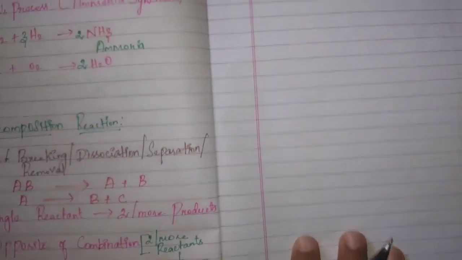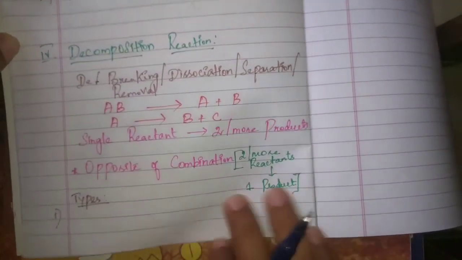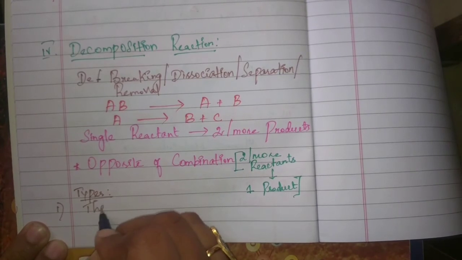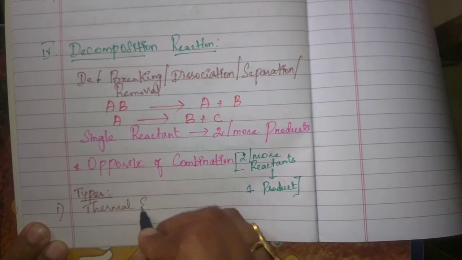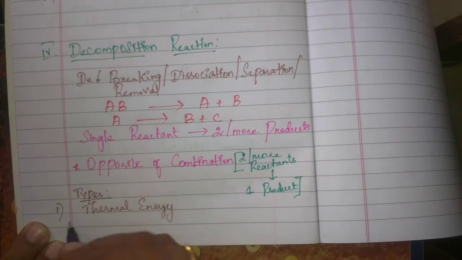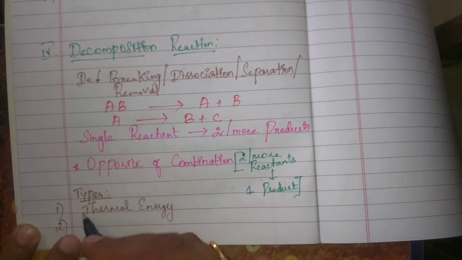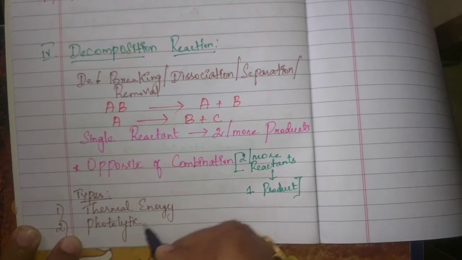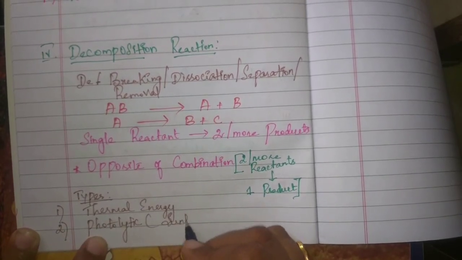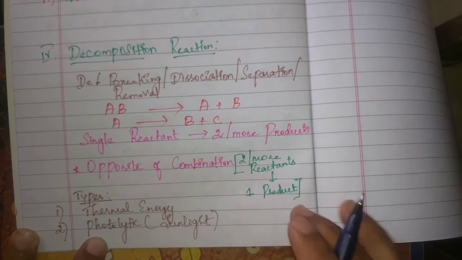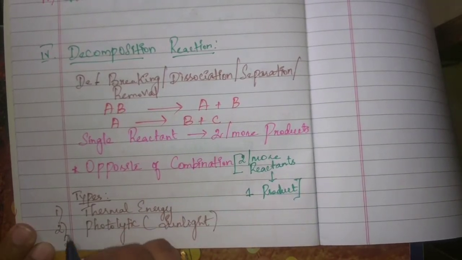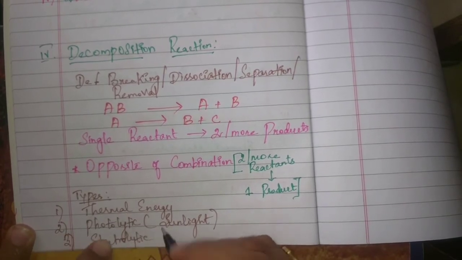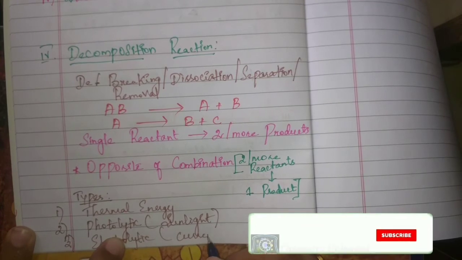So the three types of energy we can use, students: first one, thermal energy. Second is photolytic, or sunlight. We can use sunlight. It is also one form of energy. Third one is electrolytic, that is using electricity, using current.